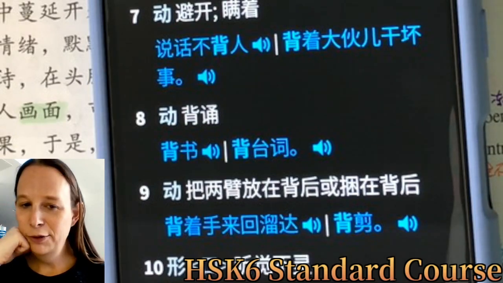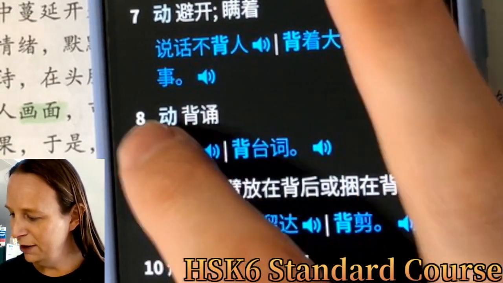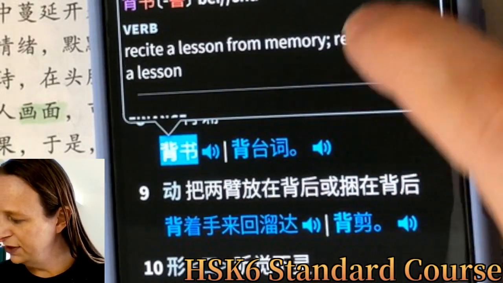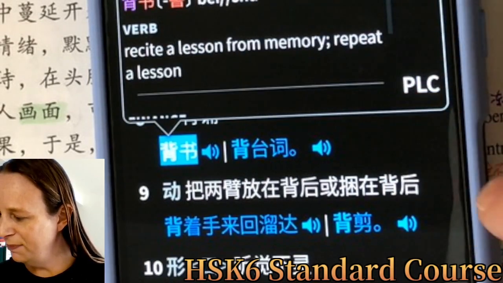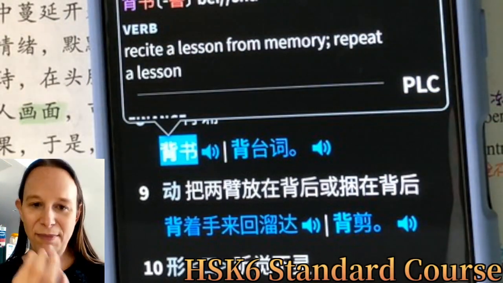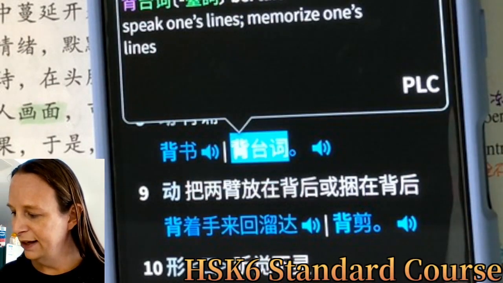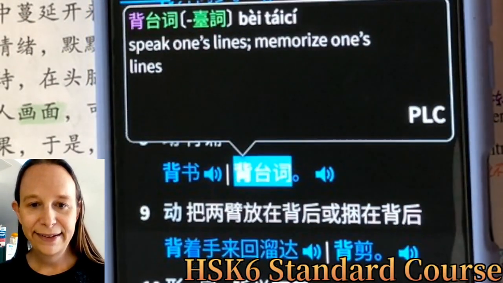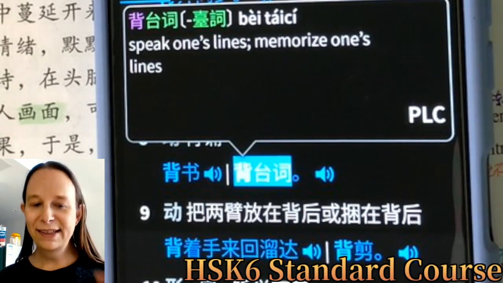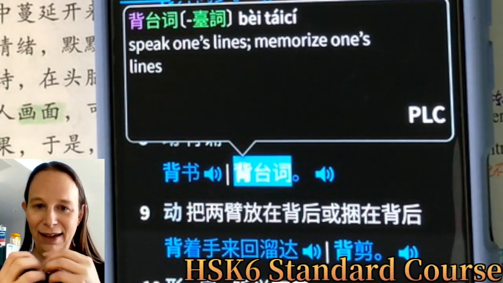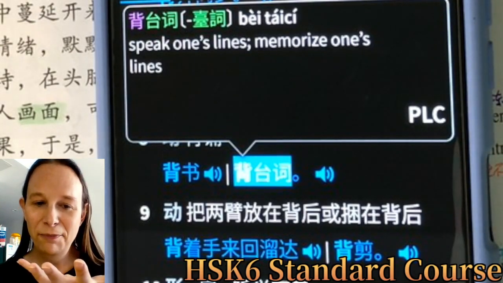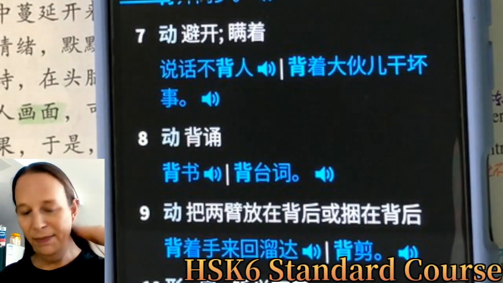This bei means to memorize, right? 背书. Recite from memory. No, it is recite from memory, not memorize. 背台词. So also memorize. So maybe it's somewhere between memorize and speak from memory, like recite from memory.